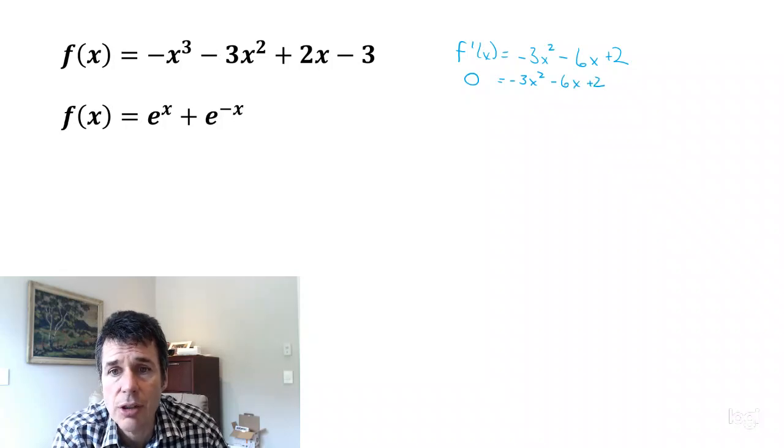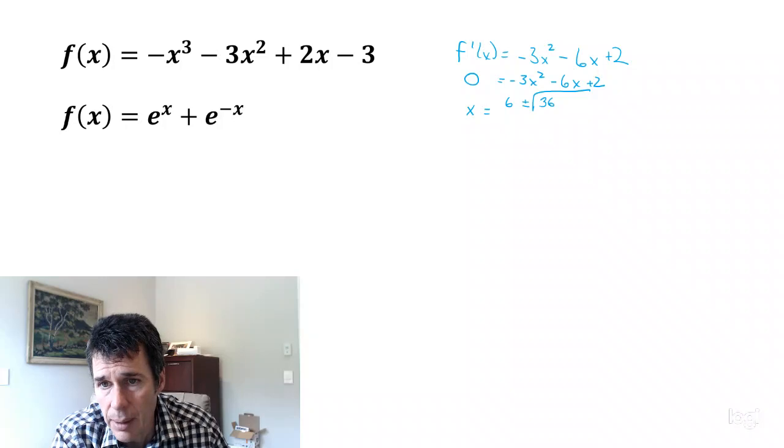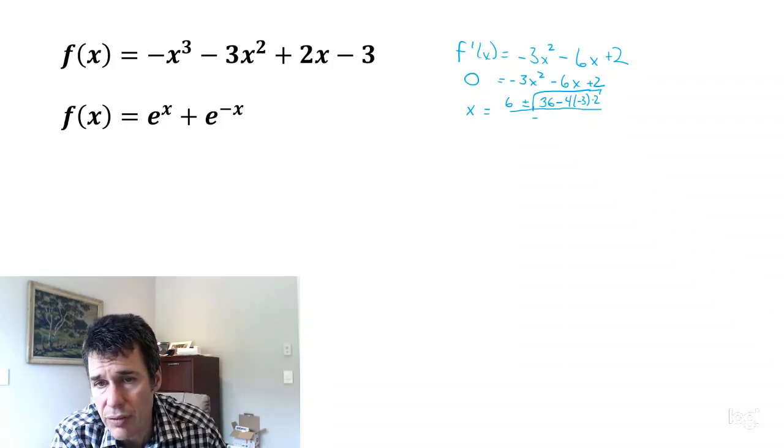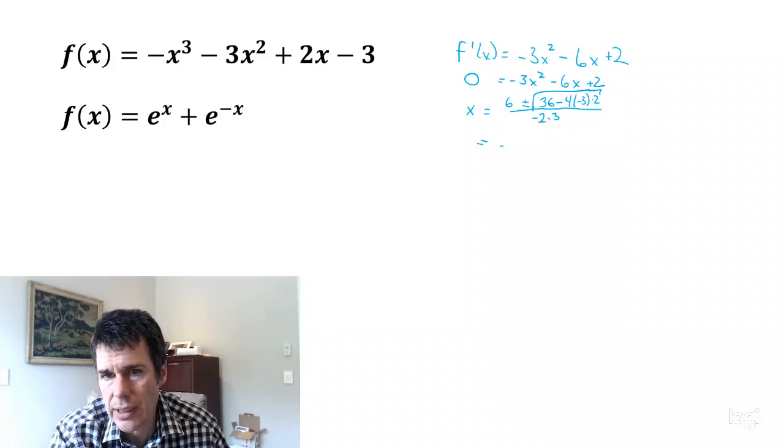This seems too hard to do by itself, so I'm going to use the quadratic formula. x equals negative b, which is 6, plus or minus the square root of b squared minus 4ac, which is 36 minus 4 times negative 3 times 2, all divided by 2a, which is negative 2 times 3, which is going to give us negative 1 plus or minus the square root of, let's see, 36 plus 24.